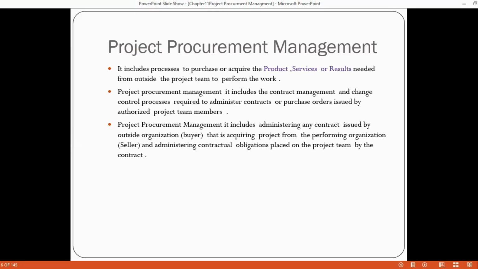So let's start with project procurement management as a definition. It includes all the processes in order to purchase or acquire a product, service, or results needed from outside of the project team to perform the work. So we're looking at procurement as the word procure. Procure means that you're obtaining, you're purchasing, you're acquiring. So acquiring what?